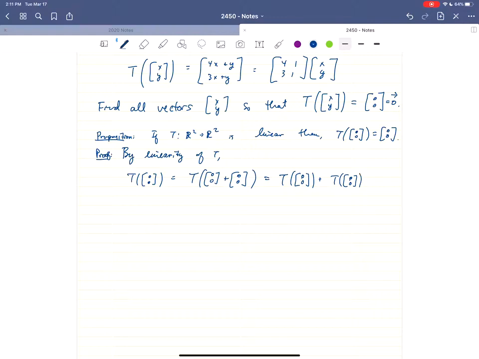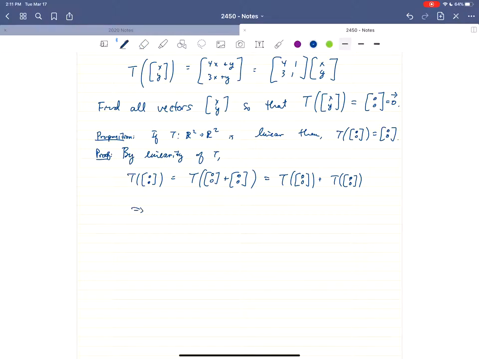And now think about what's happening here: I have some quantity, I don't care what you call it, Z, where Z is equal to Z plus Z. So we have that this quantity is equal to itself plus itself, and the only way that can happen is if that quantity is the 0 vector.